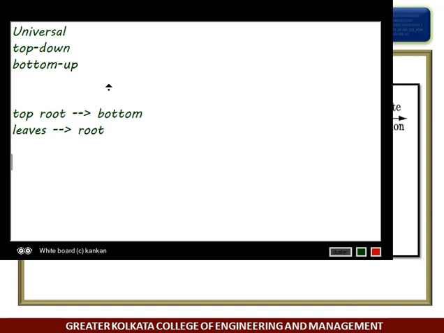In either case, the input to the parser is scanned from left to right, one symbol at a time.